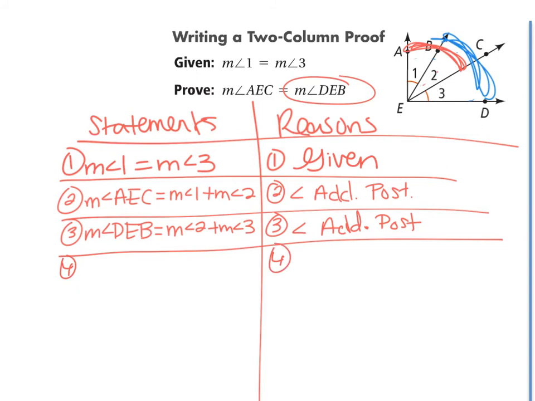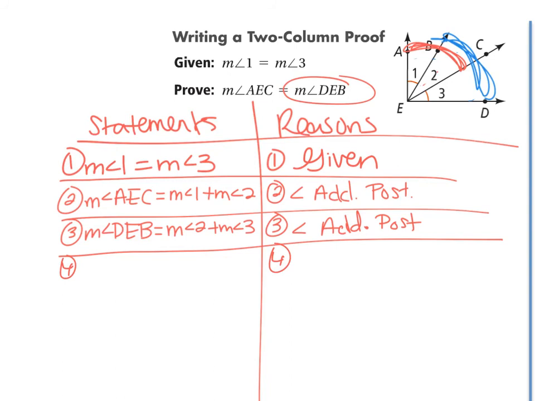Now, how can we tie this together? So we've said that AEC equals 1 plus 2, and DEB is 2 plus 3, and then they said 1 equals 3.